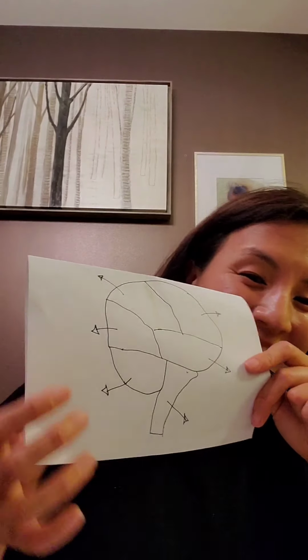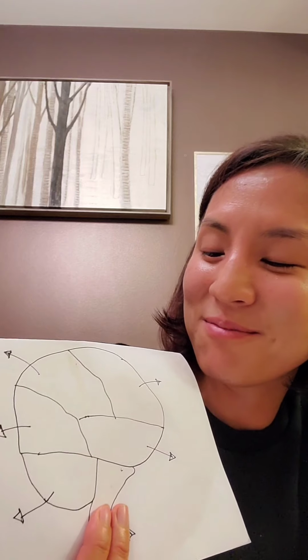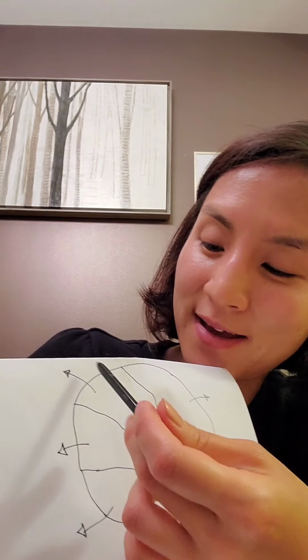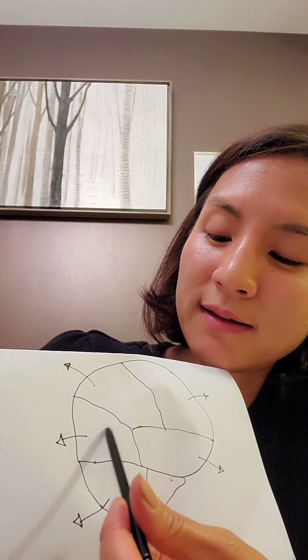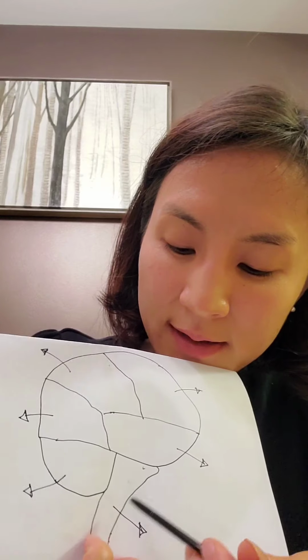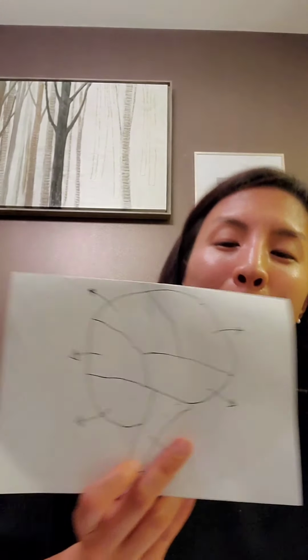So, quiz number 2, draw a diagram of the brain, label the major lobes, and describe one function of each lobe. So, this is the diagram of the brain. This is the frontal lobe, and this is parietal, and this is occipital, and this is the cerebrum, and here the brainstem, and this is temporal lobe.